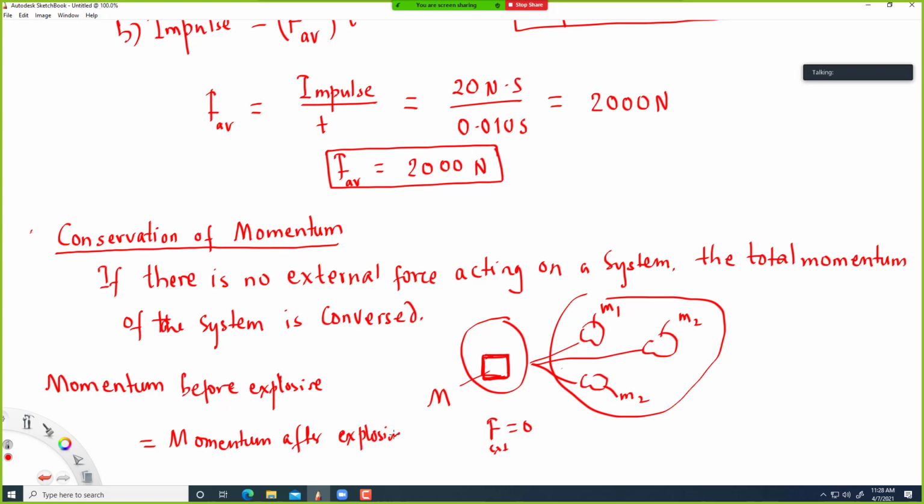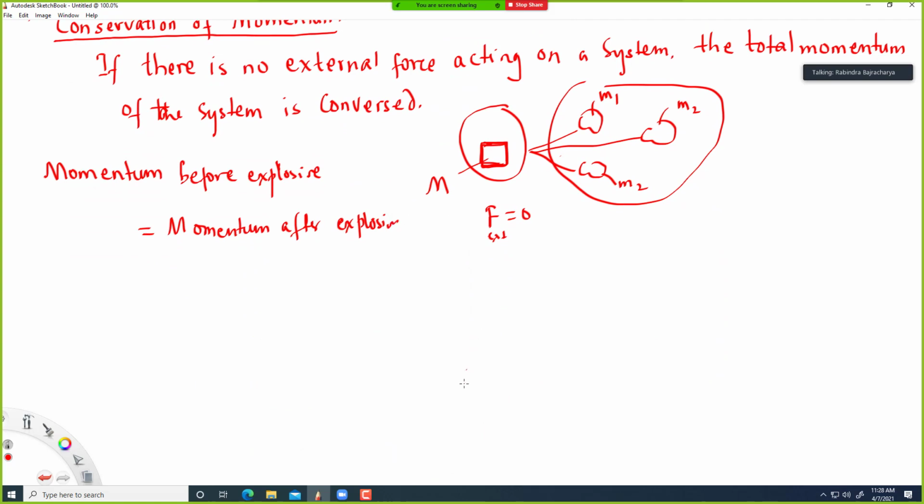Another example, let's say we have 2 cars or 2 objects moving towards each other. This is the system. This is m1 and that's m2. This is moving at velocity 1, this is velocity 2, but these are initial velocities. Initial means before collision.